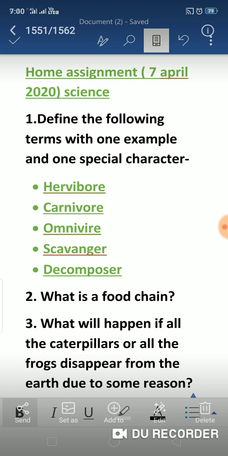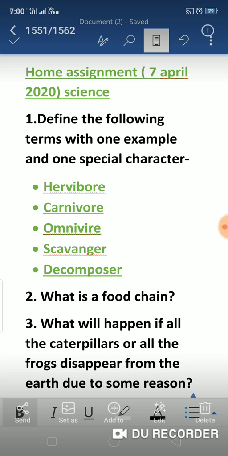Next question is, what is a food chain? I've told you that food is essential for the survival of all living things, and a food chain shows how plants, animals and humans rely on each other for food. This chain is known as the food chain.